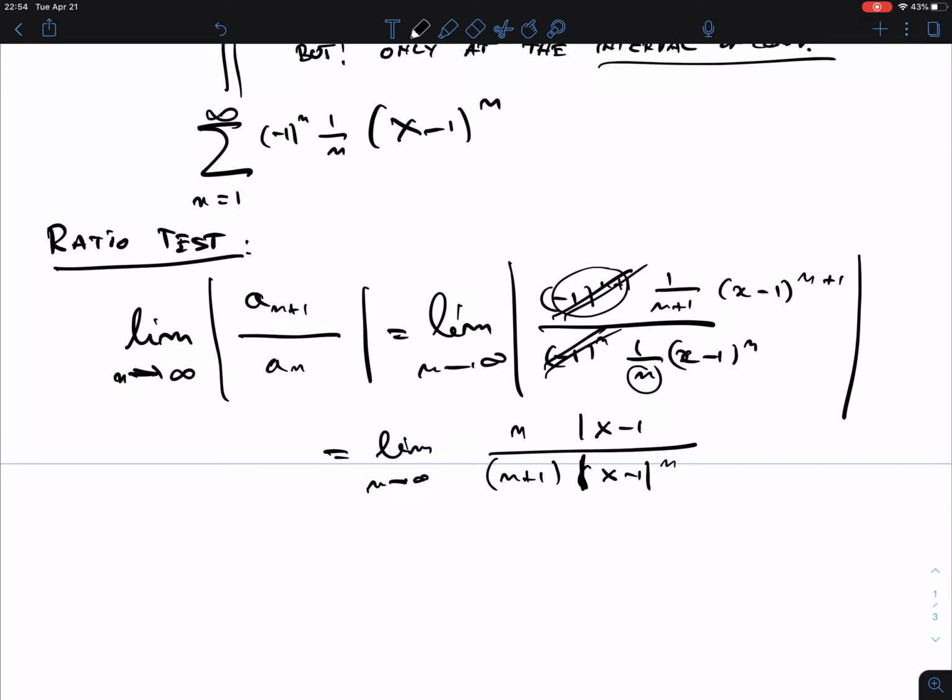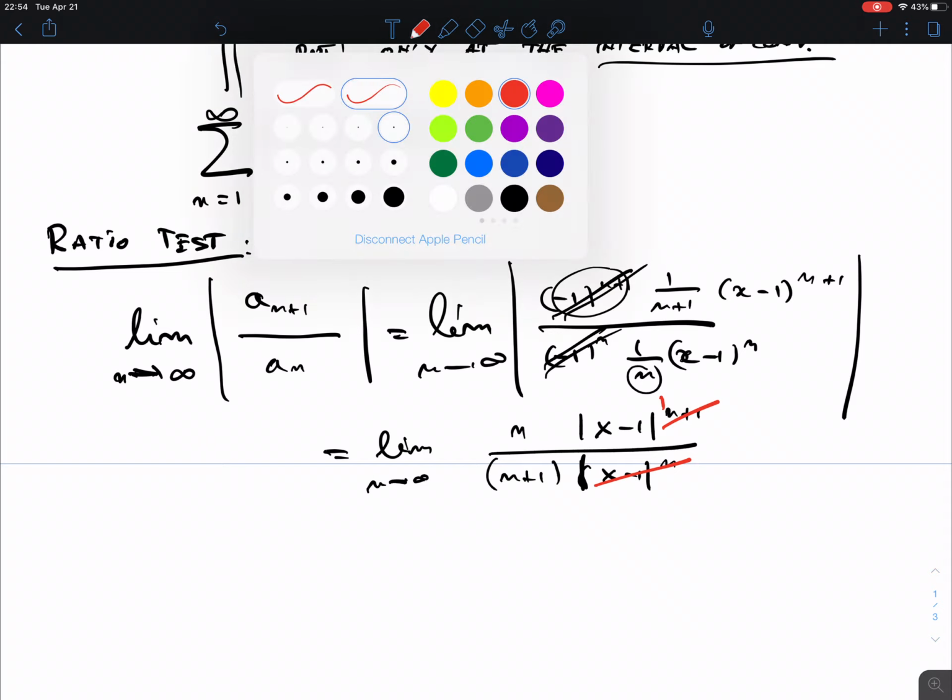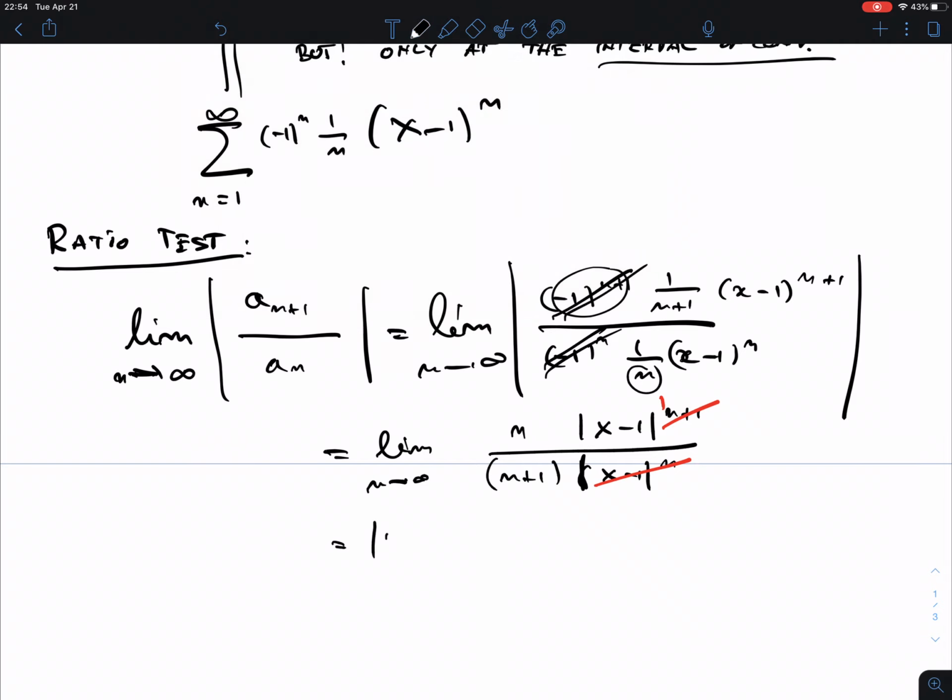And x minus 1 to the power n plus 1. And then the exponents cancel here, so this whole thing cancels, and we have an exponent 1 left. So I get the absolute value of x minus 1, and then the limit for n going to infinity of n over n plus 1. Can I just say this is 1? Is everybody clear that this limit is 1?